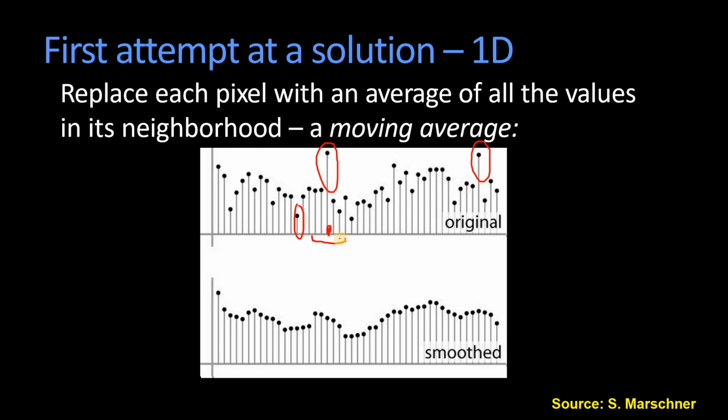Maybe I select 2 values on the left side, 2 on the right side, and 1 in the middle. Five values, I take the average and divide by 5. It will give me the pixel value like this.